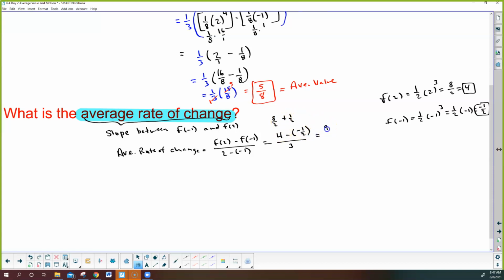So I would get 9/2 divided by 3, but I don't like dividing by 3. Instead of the divide by 3, we're going to times by the reciprocal, and then you'll get a 3 canceling out on top and on bottom. So your average rate of change, or AROC, is 3/2. So notice that's not the same as the average value.